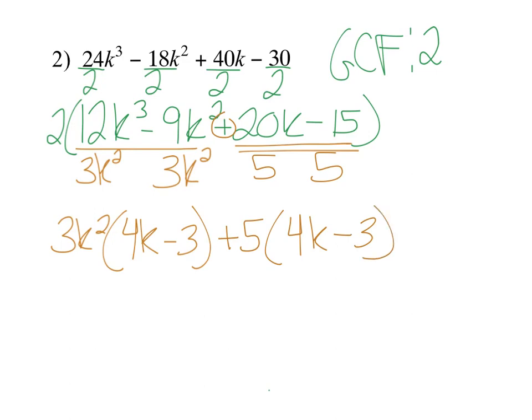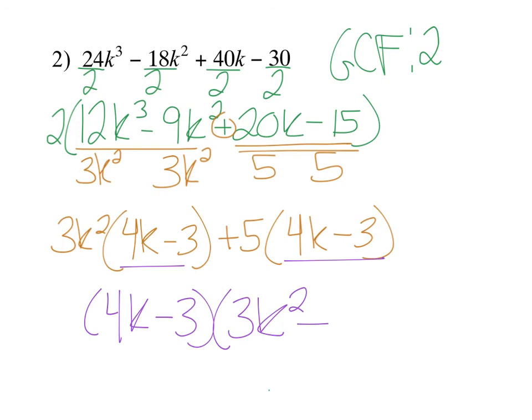And again, you know you've done it correctly because this piece and this piece are the same. That's when you have a little woohoo moment. So I've got 4k minus 3. That's one of my factors from here. And then I'm left with 3k squared plus 5.